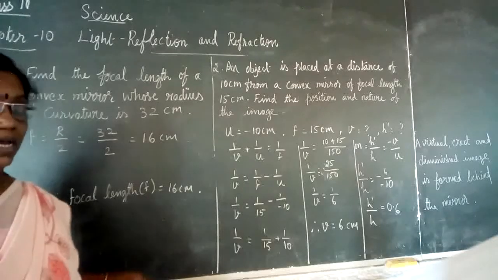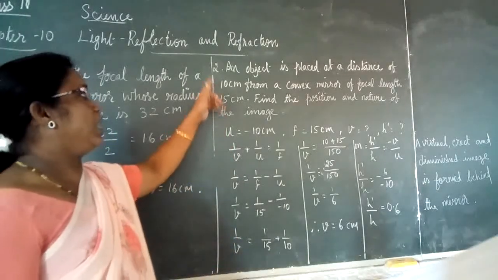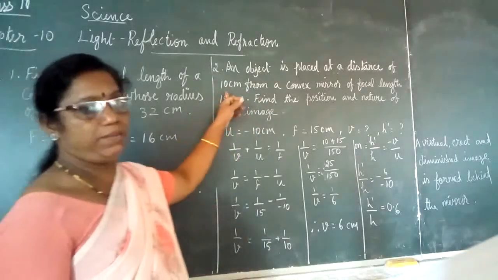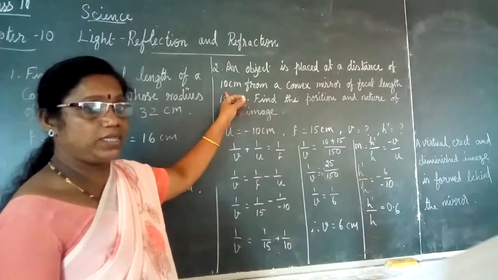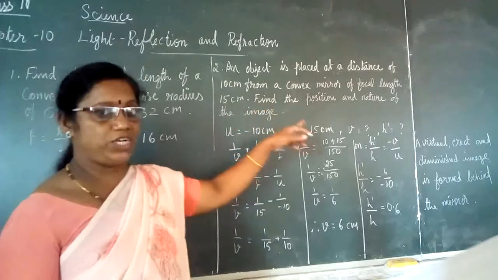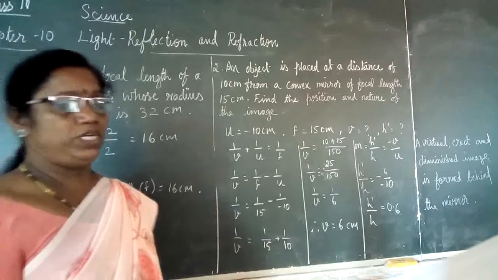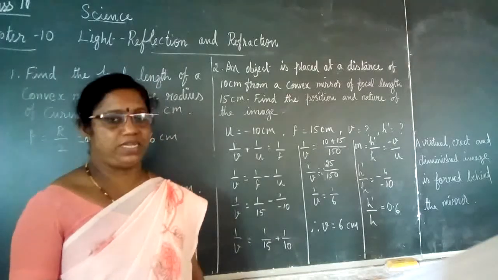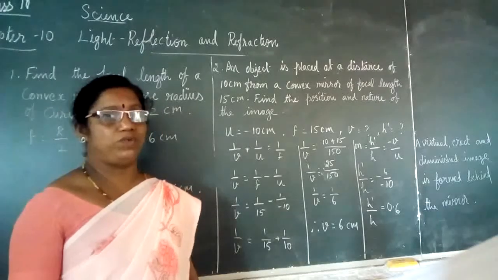The next one, in the exercise part, question number 12, it is given that an object is placed at a distance of 10 cm from a convex mirror and the focal length of the mirror is 15 cm. Find the position and nature of the image. Position is nothing but what is the image distance, and nature is whether it is small, virtual, erect.